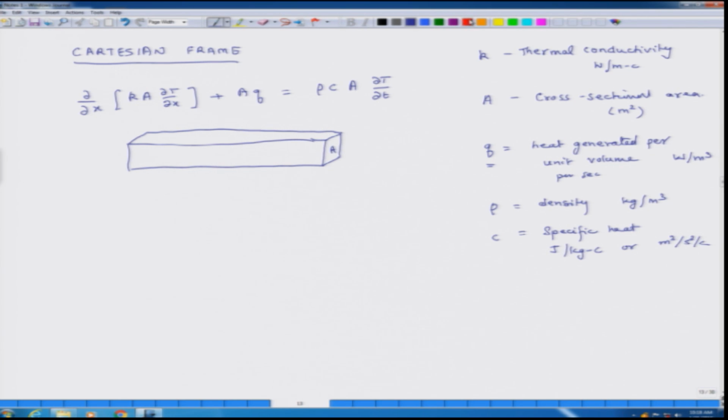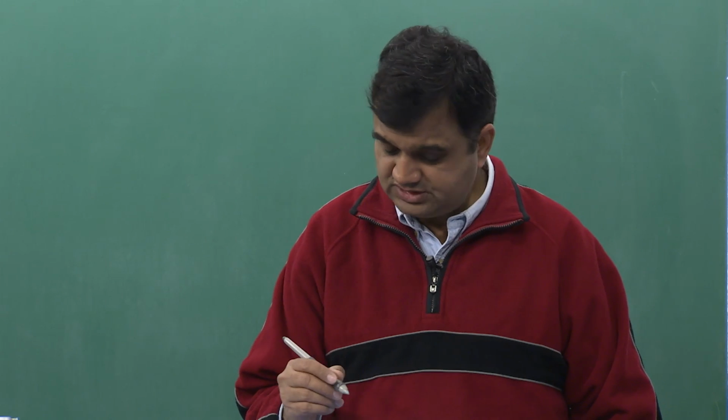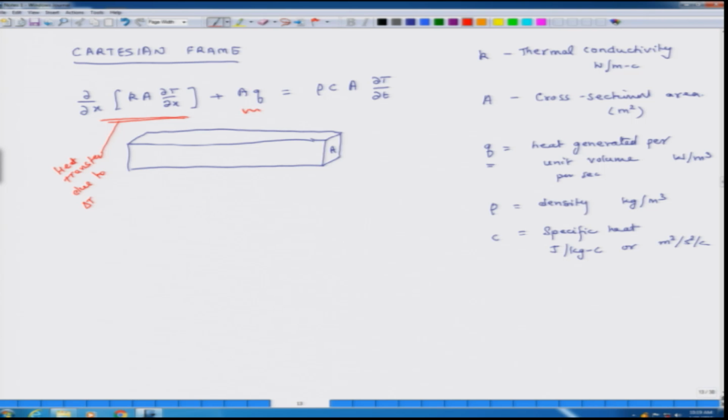So in this equation, this particular term relates to how much heat is getting transferred due to the temperature gradient, because of conductive effects. Okay. This term represents how much heat is being generated.